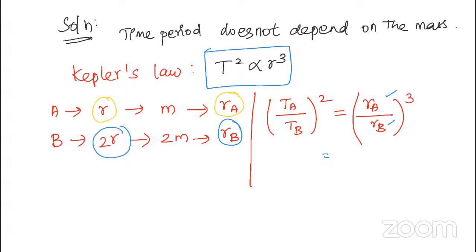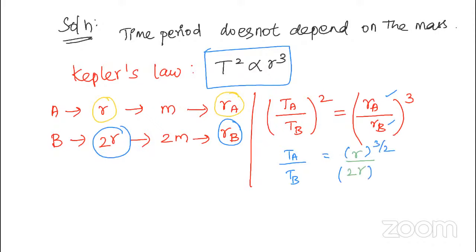So r divided by 2r, the whole to the power, now we can rearrange the formula also. TA by TB should be equal to, here it is cube, no?